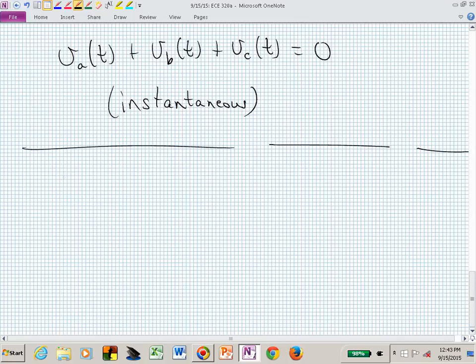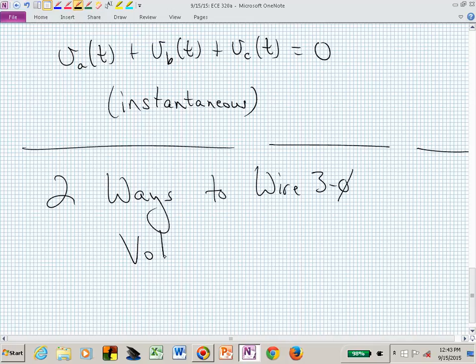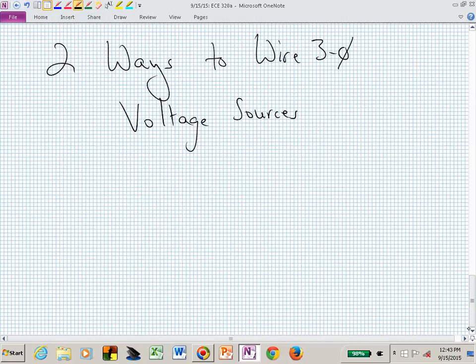Before we get there, let's talk about the different ways, and there are only two ways that we are talking about, 2 ways to wire three-phase voltage sources. In the Y configuration, there's the A phase.